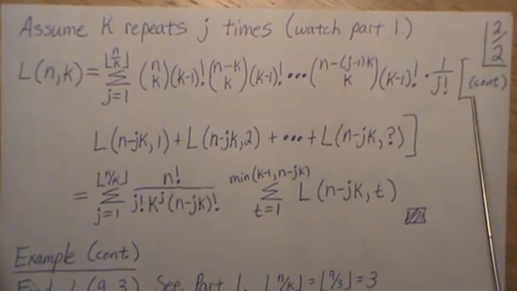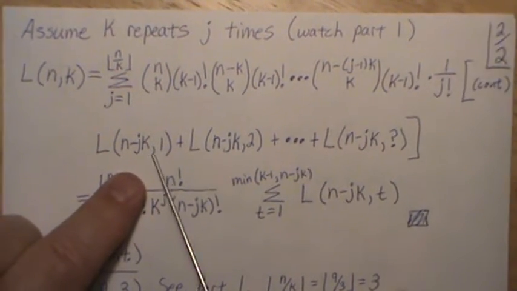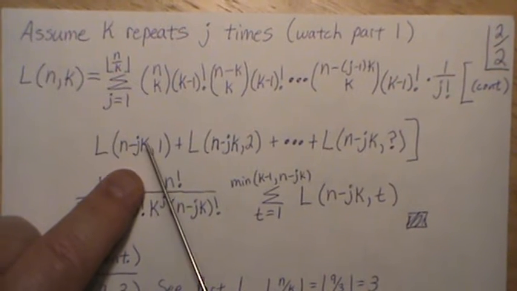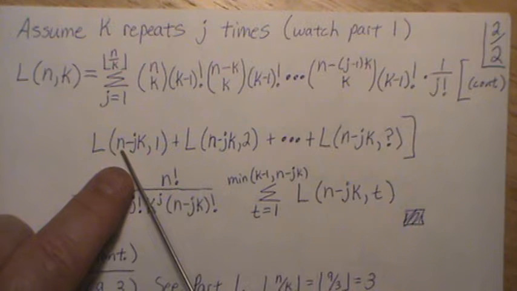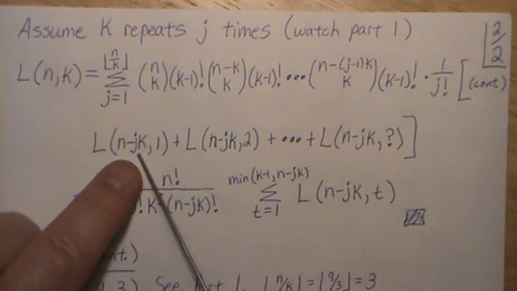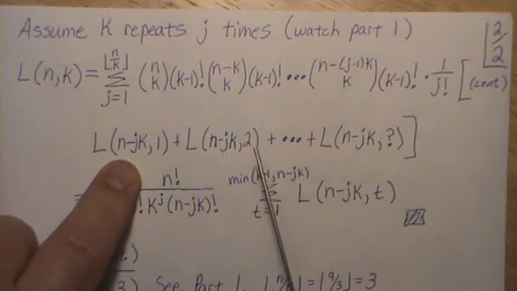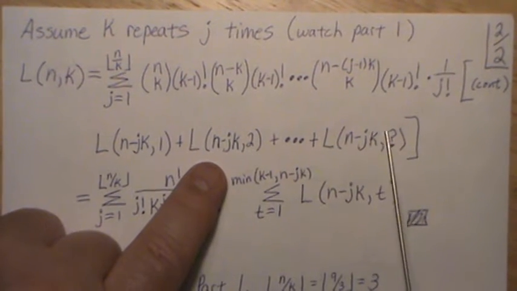Now, I ran out of room, so the formula continues down here. But then you reduce the problem. Remember, there's J repeats of K, so that means there's n minus JK boxes left. And then we want to find all the loops where the maximum was 1, and then the maximum was 2, and then we keep going until there's... question mark.